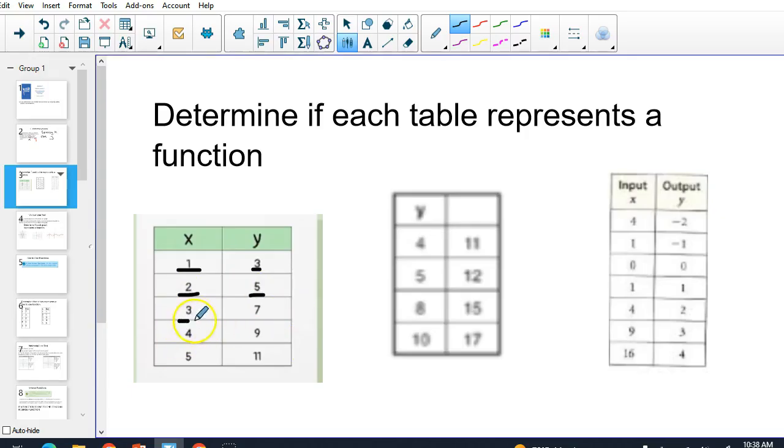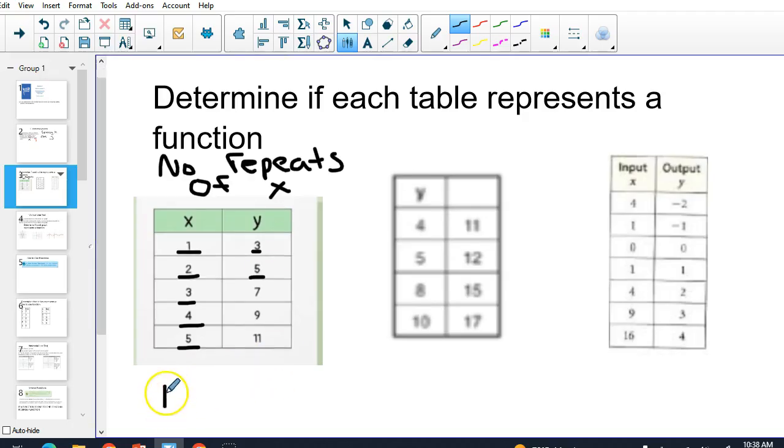Single x, single x, single x. We have no repeats of x, which means that every domain value, or every x value, only has one y value. So this indeed would be a function.